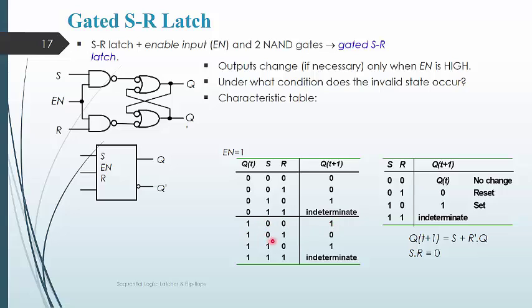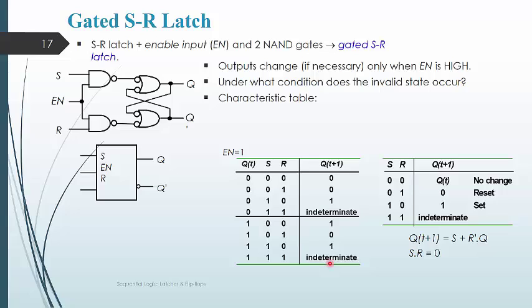Here the present output is 1 but the set input is 0, and because of that this will change to the reset mode. Next, even though the present state is 1, the S input is 1 and R is 0, so it will go to the set mode. In the next condition, the present state is 1 but the S and R inputs are both 1. Because of that, it will go to the indeterminate state.